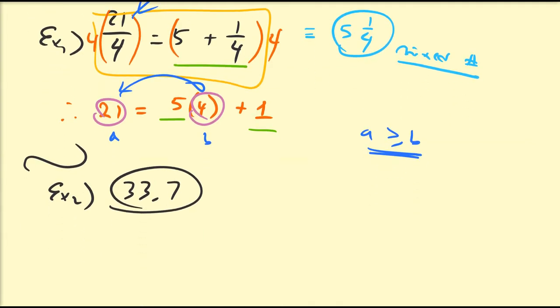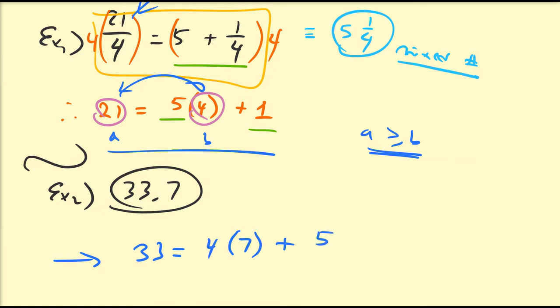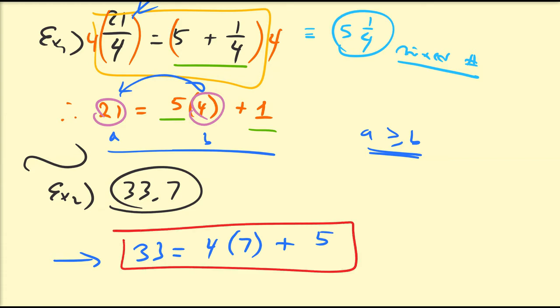So if I want to rewrite 33 and 7 using a combination using quotients and divisors and remainders, then we can rewrite this as 33 is equal to 7 times something plus the remainder, right? So we know that 7 can go into 33 4 times, and 7 times 4 is going to be 28. That means there's going to be a remainder of 5, right? So this is the linear combination representation of 33 and 7.